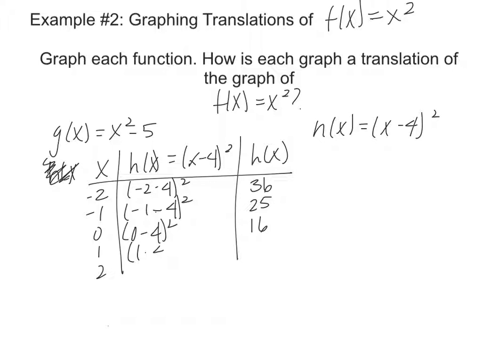Lastly, 1 minus 4. 1 minus 4 is going to be -3, and -3 squared is 9. If I do 2 minus 4, 2 minus 4 is -2, and -2 squared is 4.